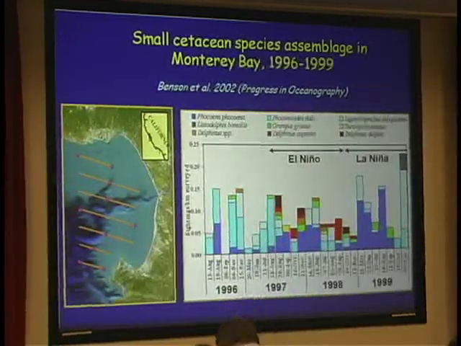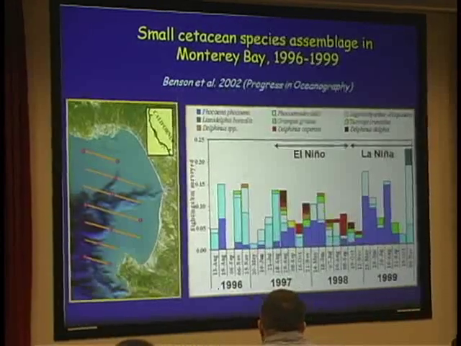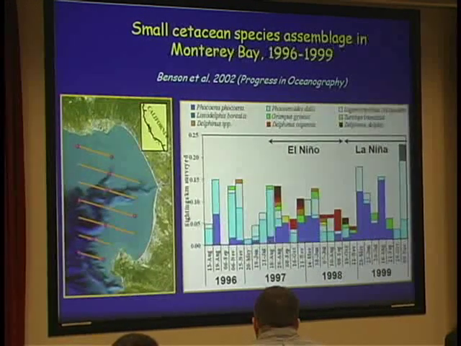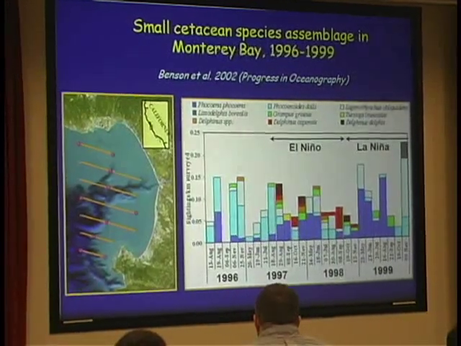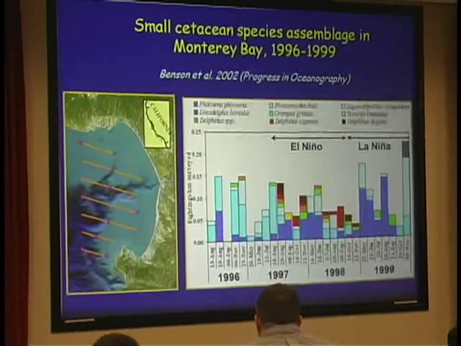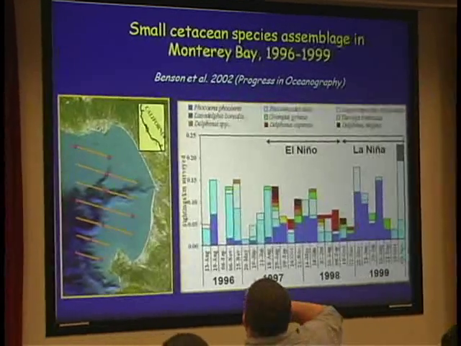You don't need to see all the details of the species, but I just want you to know the warm colors, the reds and oranges, are tropical species, whereas the blue colors are the colder water species. And we can see that during the El Nino, there was a dramatic influx of these warm water species into Monterey Bay within that overlap zone. So if we're looking at things locally, we can see quite dramatic shifts.